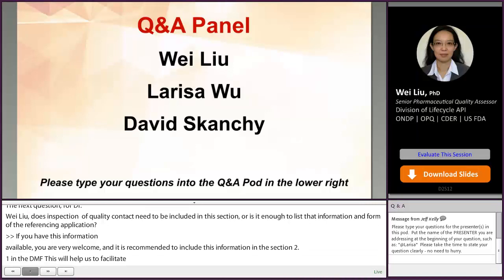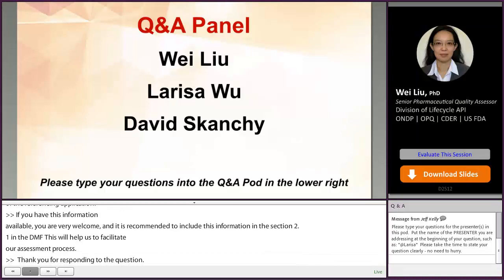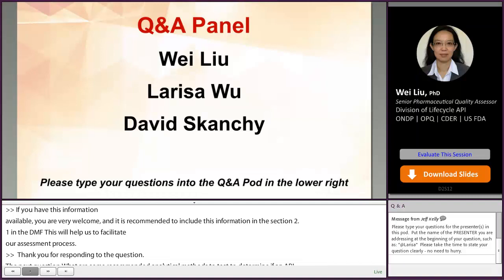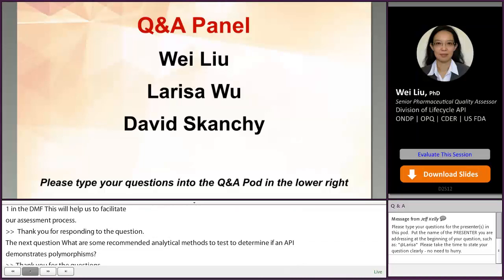The next question. What are some recommended analytical methods to determine if an API demonstrates polymorphism? We have several methods which can be used to test drug substance polymorphism.